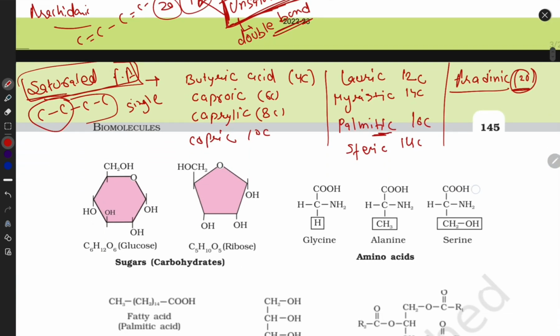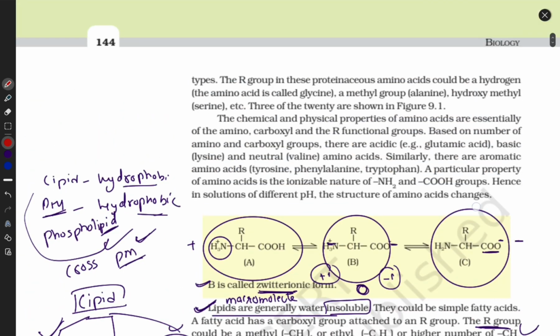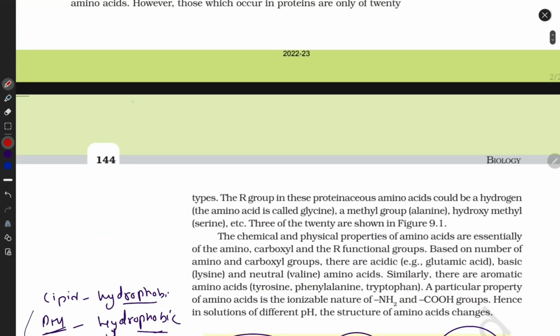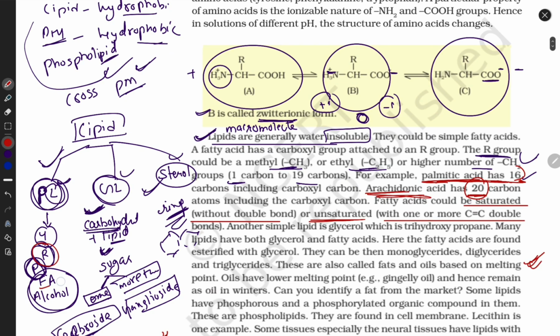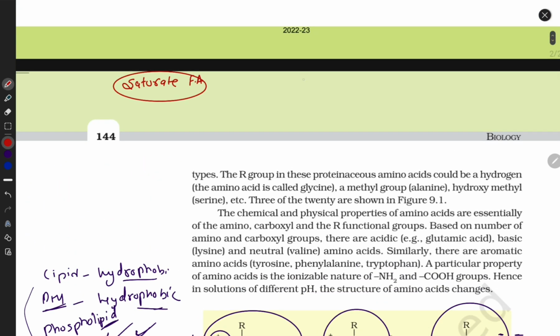Now what is the difference between saturated and unsaturated? I'm writing here. What is the special feature of saturated fatty acid? This is the fatty acid, lipid part. Saturated contains single bonds, unsaturated contains double bonds.